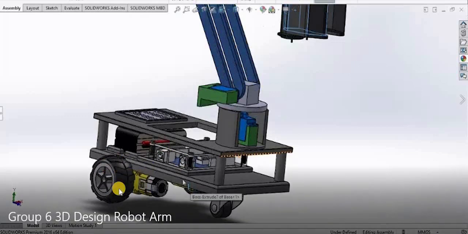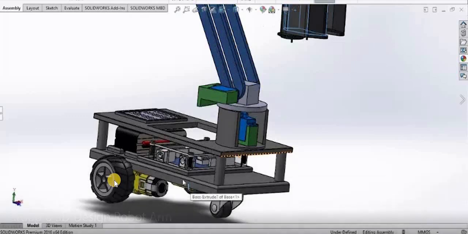Each of the motors can rotate at different speeds at a time, so that this robot arm can maneuver in any direction as the user inputs any direction that he wants to go.